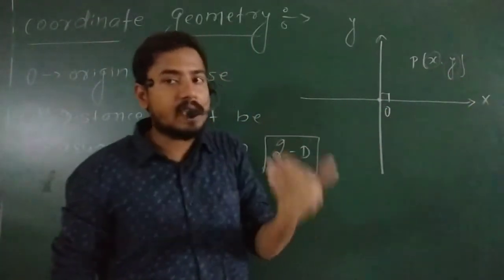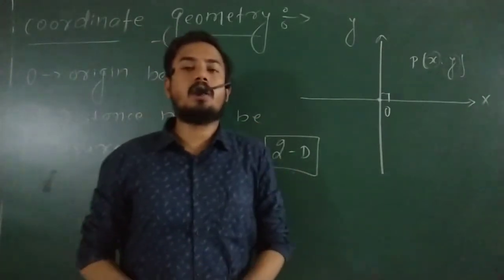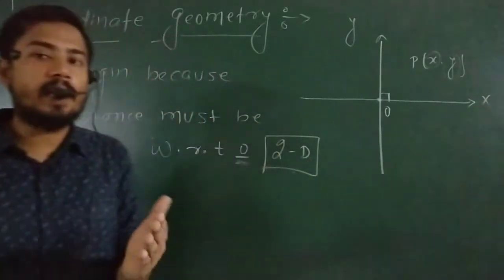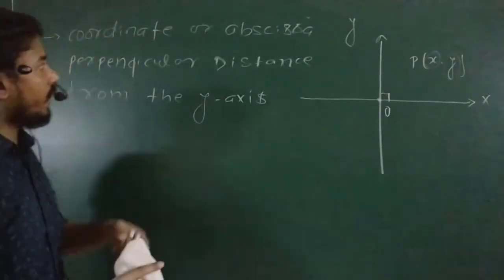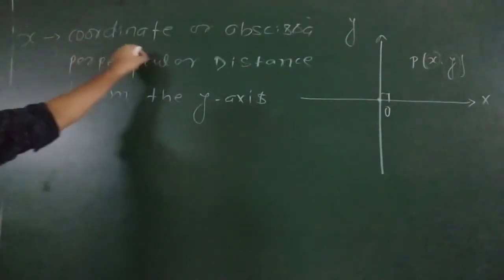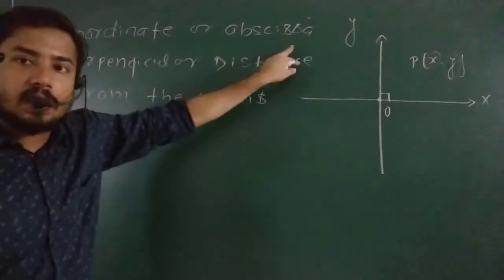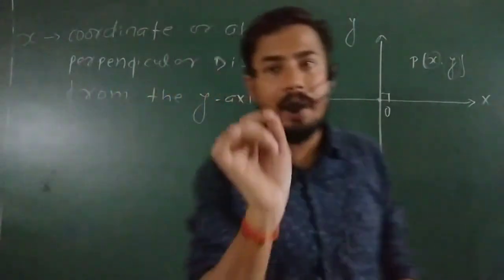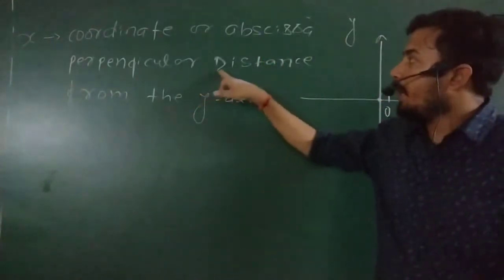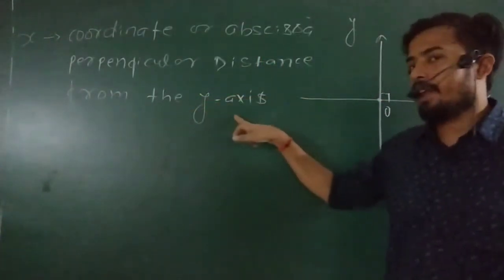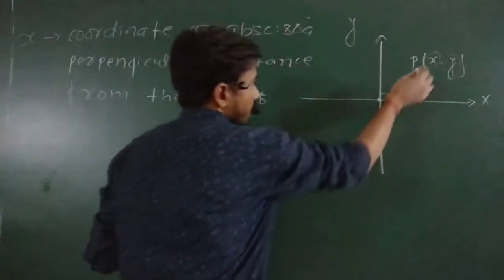Now we are going to understand the meaning of the x coordinate, the meaning of the y coordinate, and then the sign convention. See here, my dear, the meaning of the x coordinate. The x coordinate is also known as abscissa. Okay. It is the perpendicular distance from the y-axis. Suppose this is a point, right?